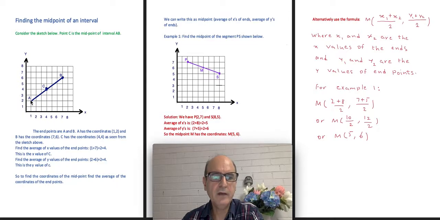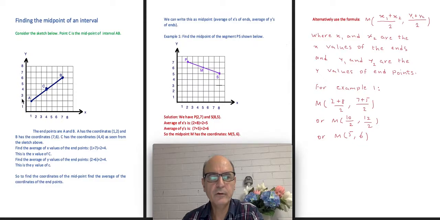Let's look at their y's. So the y of the point A is 2. The y value for B is 6. So 2 and 6, I want to find their average. I add 2 and 6, I get 8, and divide by 2, I get 4.